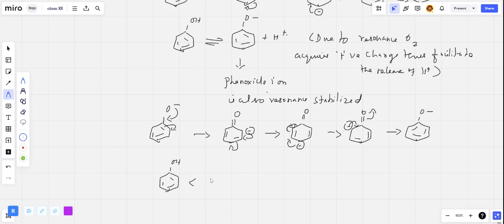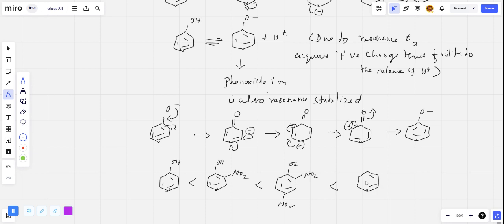If an electron withdrawing group is present in phenol, it increases the acidity. This is the ortho position. If electron withdrawing groups are present in ortho and meta positions, it is still more acidic. Which one is more acidic?